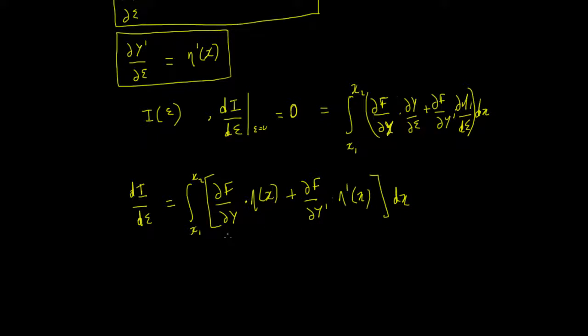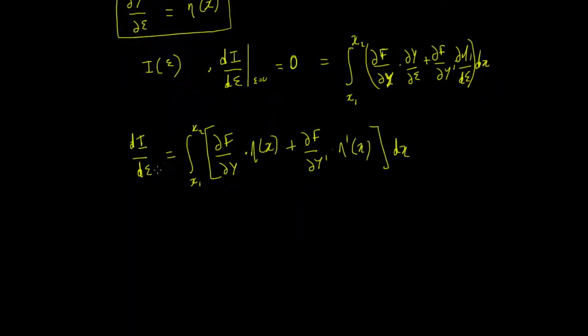Now, as I said, if we're setting epsilon equal to 0, then we can replace this large Y by the small y.